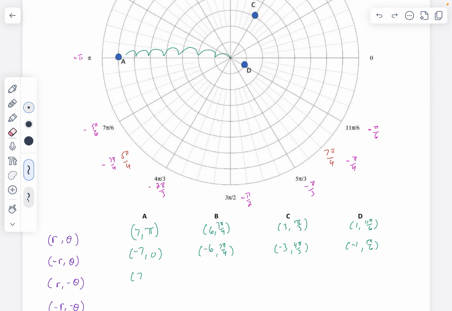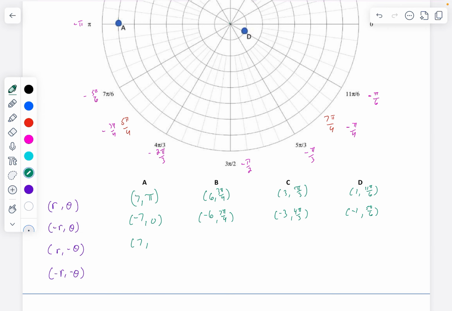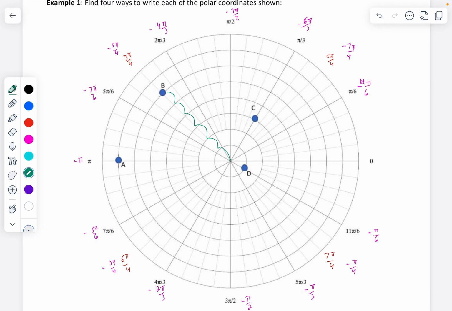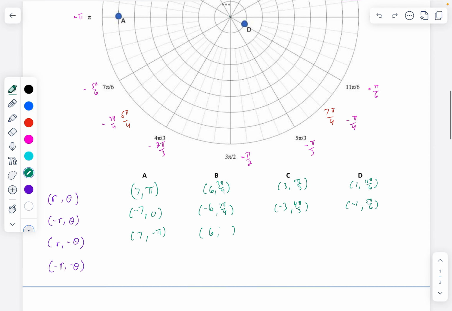So it's going to be 7, negative pi. For B, r is 6, and we're moving towards the negative angle, which is negative 5 pi over 4. So I'm going to say 6, negative 5 pi over 4.